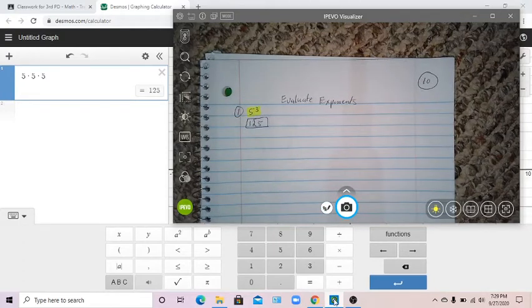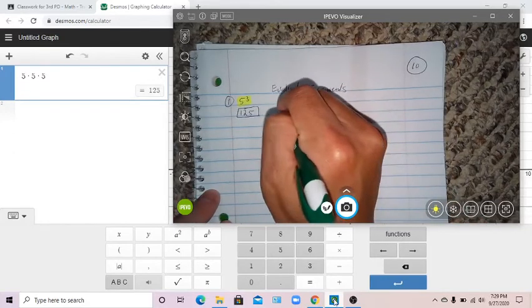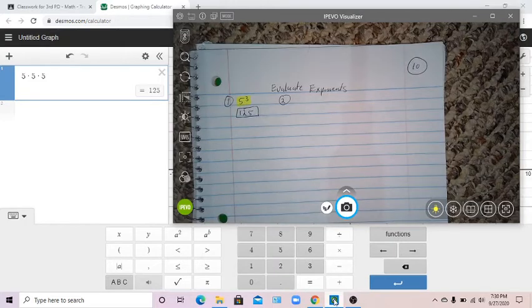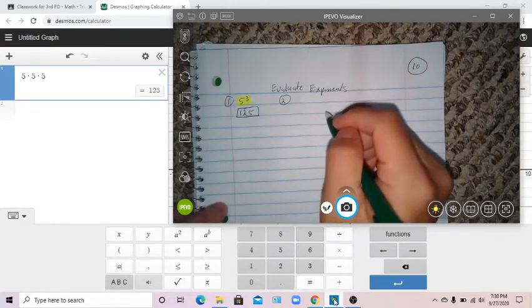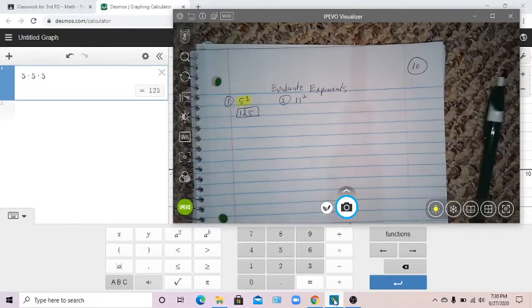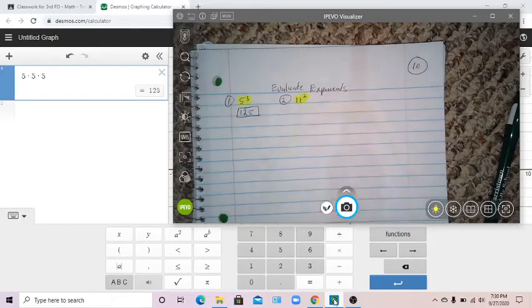Okay, alright, let's go ahead and take a look at another one. Number 2 might be something like 11 squared, or 11 to the second power.